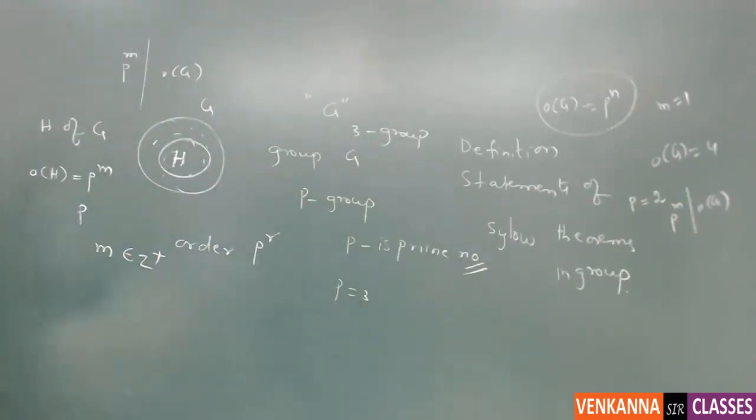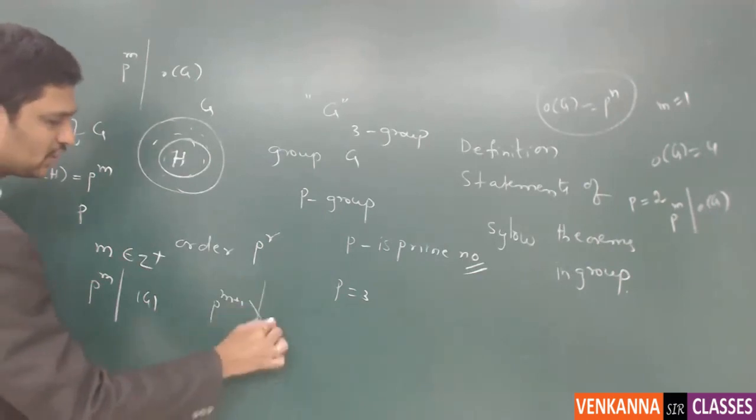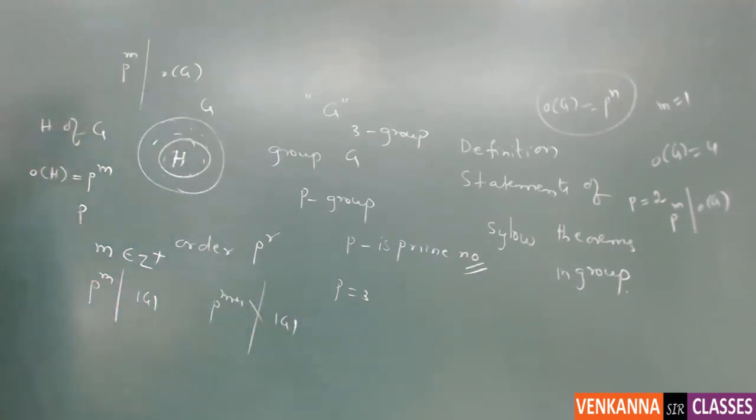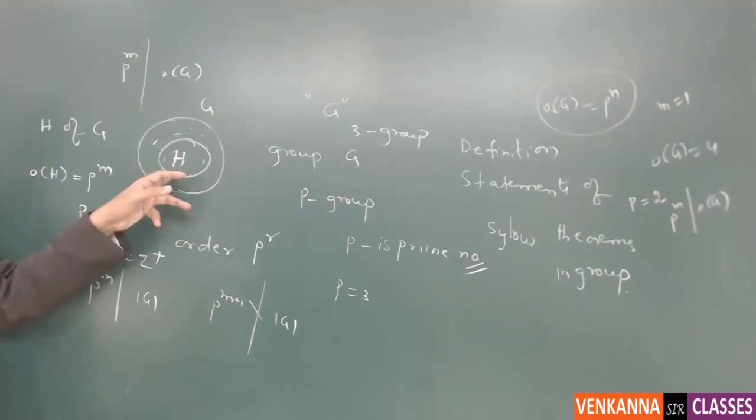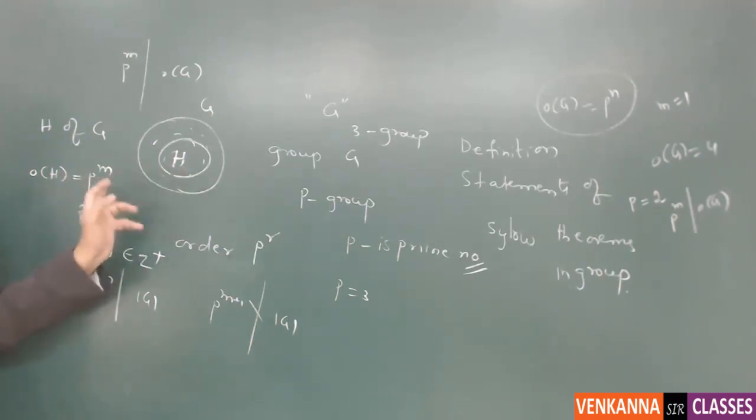There is one more result based on the same thing: if P power M divides the order of G and P power M plus 1 does not divide the order of G, you can have a subgroup. That is also true. So the subgroup has order P power M and it is a P subgroup.